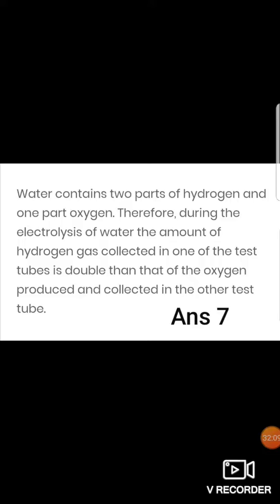So when 2 atoms of hydrogen are there during electrolysis, the hydrogen will be maximum in number as compared to oxygen. Therefore, during electrolysis of water, the amount of hydrogen gas collected in one of the test tubes is double that of the oxygen produced and collected in the other test tube.